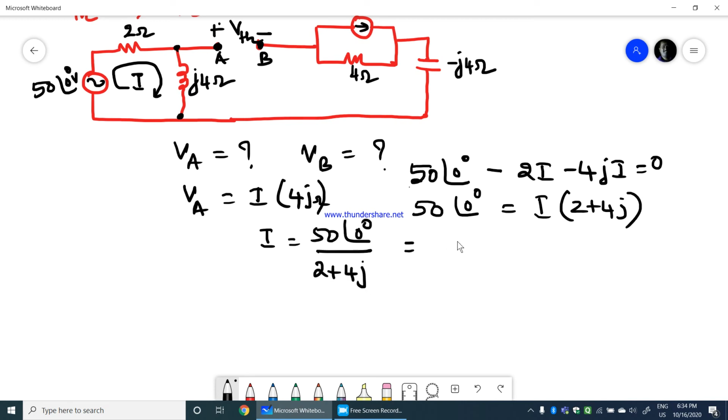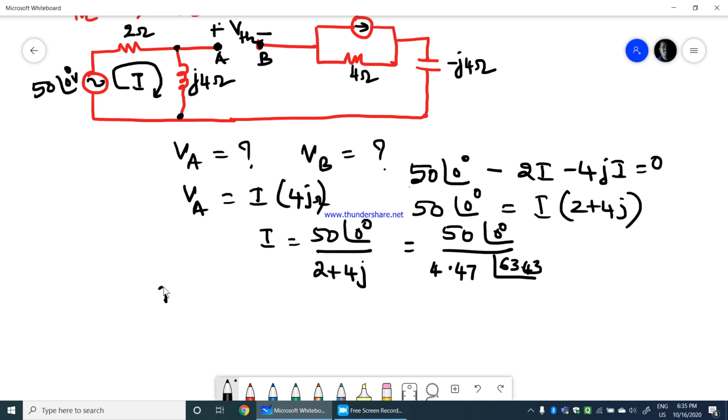Now convert this 2 plus 4j into polar form. Take out your calculator, all of you, and convert that into polar form. Shift polar of 2 comma 4 will be 4.47 at an angle 63.43.